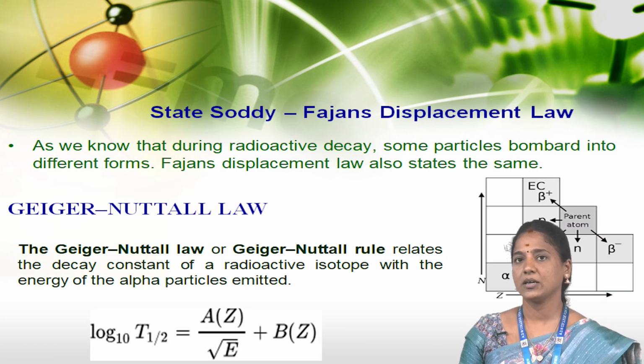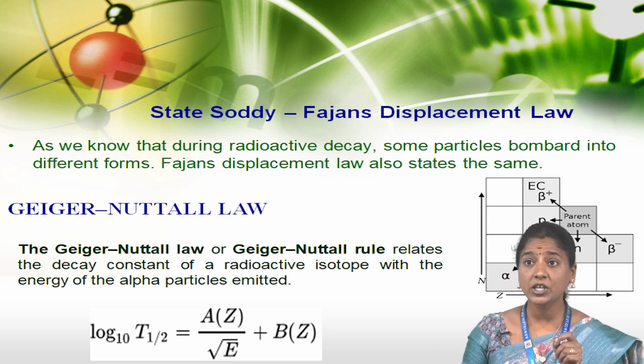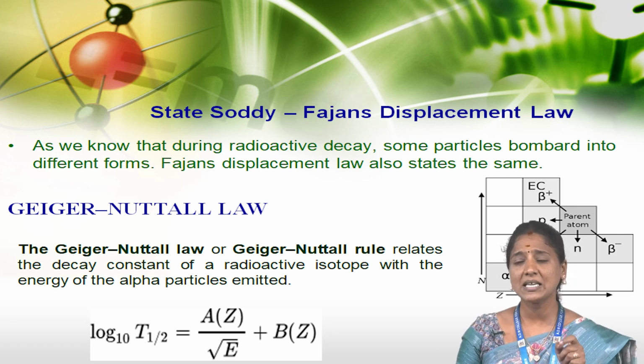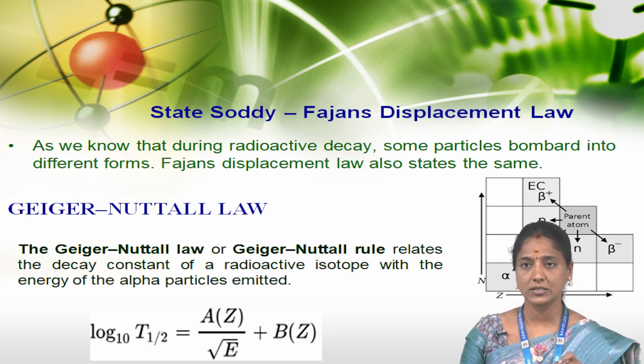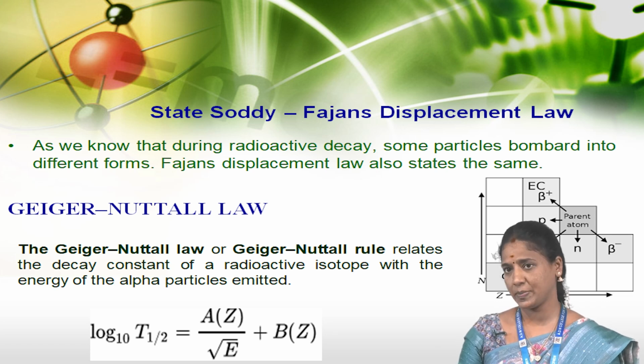Next, the Soddy and Fajans displacement law. As we know, during radioactive decay, some particles break into different forms. This Fajans displacement law also says the same. Soddy and Fajans' findings were later clubbed together and are said to be the Soddy-Fajans displacement law.